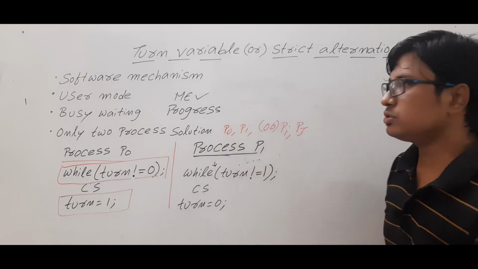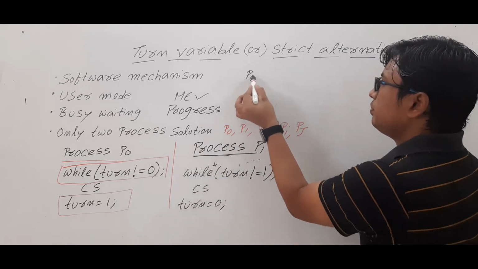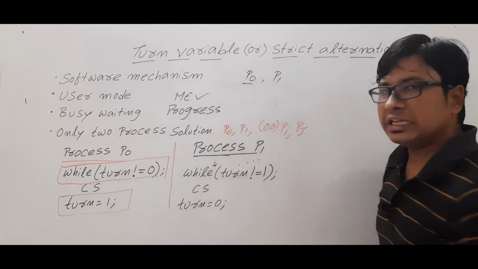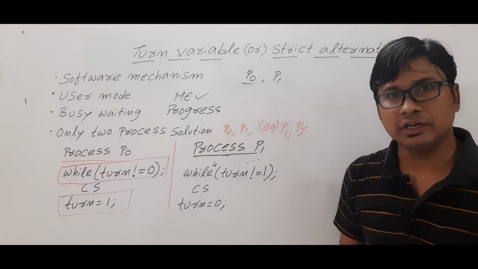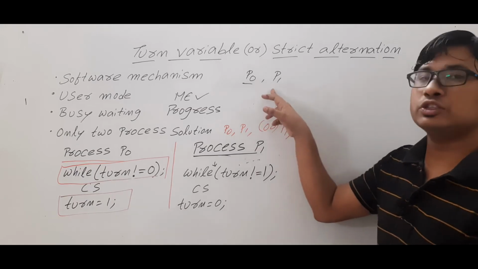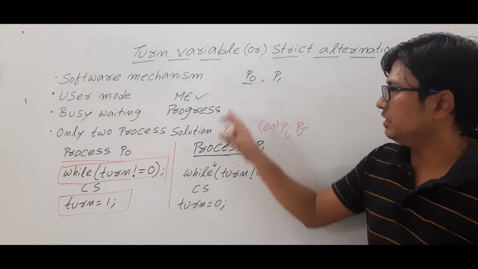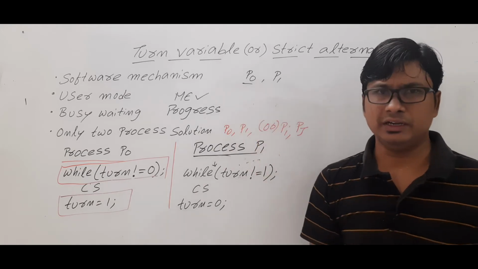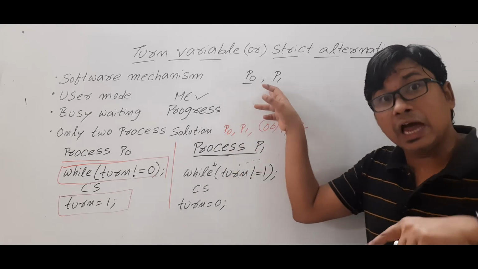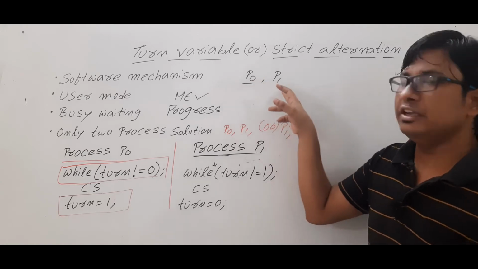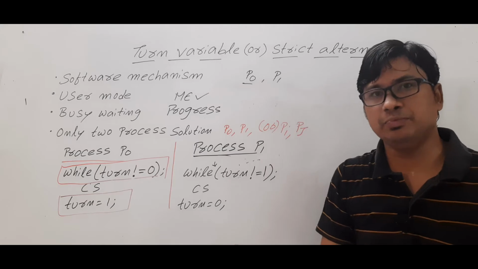As it is a two process solution, we have P0, P1. Now, when P0 is not ready to enter into the critical section, it should not stop the process P1 from entering into the critical section. If process P0 is not ready to enter into the critical section, it should allow the process P1 to enter into the critical section. If it allows, then we will say that it is progress.